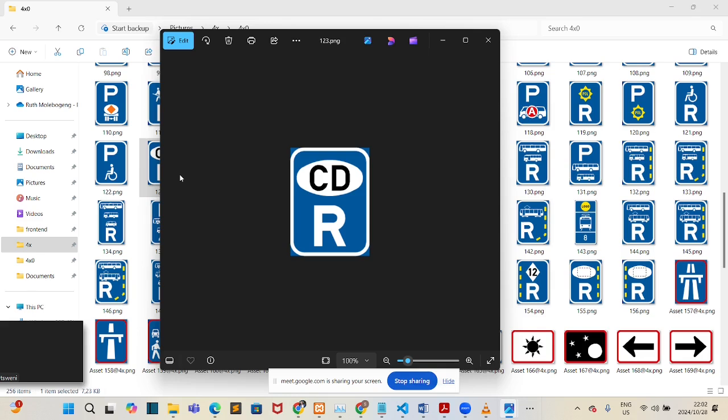A, goods vehicles, collections and deliveries. B, authorized vehicles, diplomatic corps. C, company drivers indicated on the logo. Which one is correct? B. B, correct. Diplomatic corps.